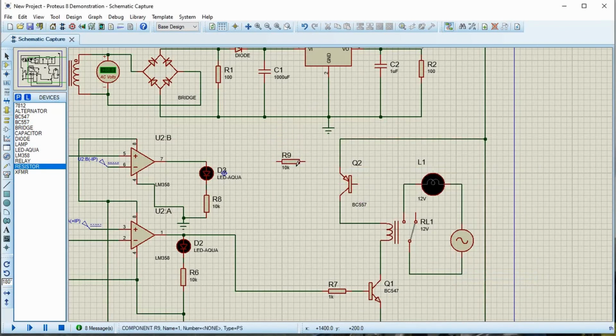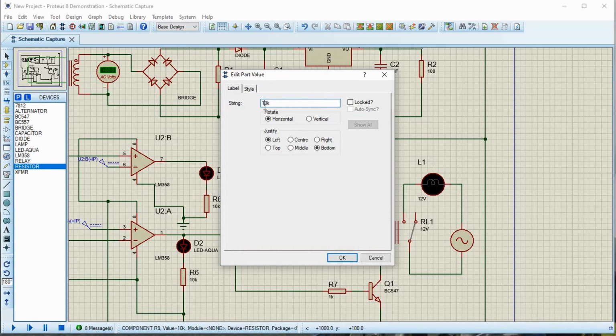Now there is a logic issue here. This transistor will turn on when the emitter-base junction is forward biased. Basically, if I give 0 volts here, this transistor will turn on. If I give 12 volts here at the base, at this point in the resistor, this transistor will turn off.